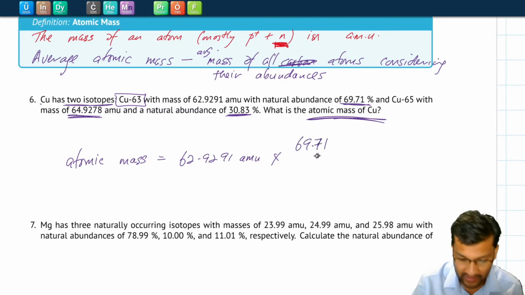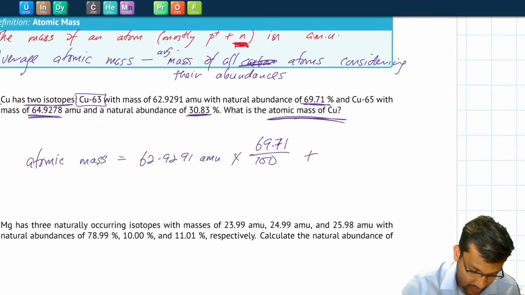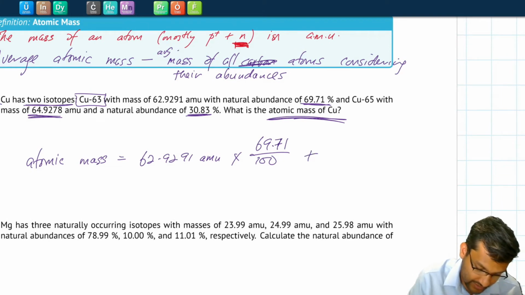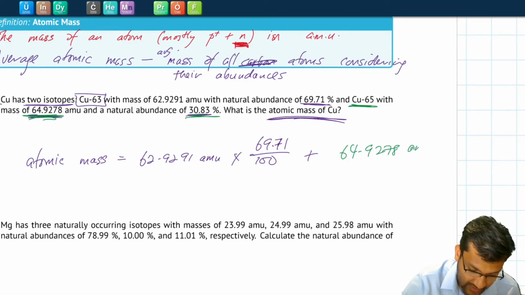And remember, percent just means divided by 100. And the second one, let's use a different color for that one, is copper-65 with that abundance. So copper-65 has a mass of 64.9278 atomic mass units, and its abundance is 30.83%.